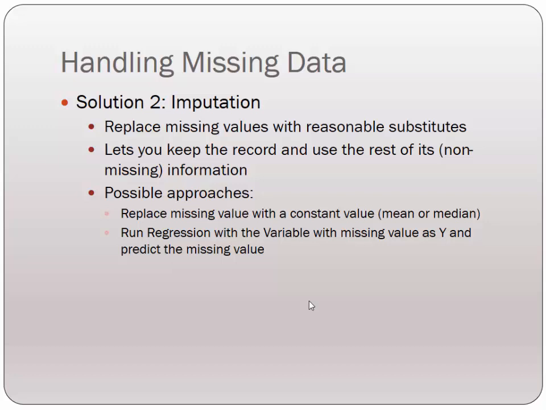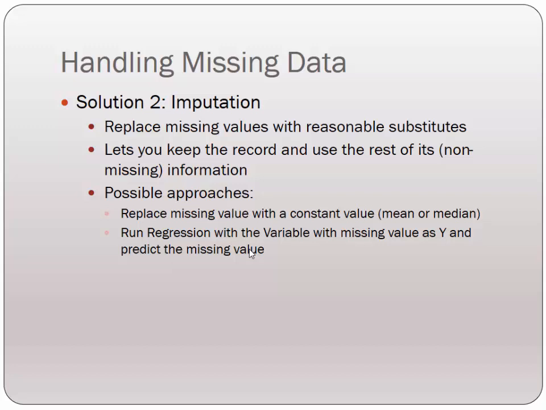The other one is to run a regression. Suppose experience is the column that has some missing values. Make experience your y. Now don't include the target. You include all other x's, all other predictor variables, as the x's for this regression.